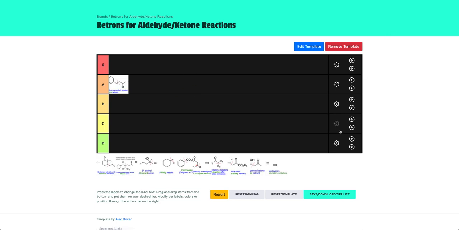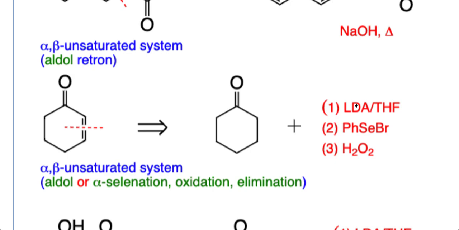Now, the second reaction is a terrible picture right here, so I'll show it here. But this is an alpha acylation, oxidation, or elimination, where essentially you take a molecule like this, convert it to an enolate and then react it with phenylselenium bromide, I believe, and it creates a double bond through a mechanism that I would love to show, but I could not find it on the internet, and my lecturer removed all of the lectures from me being able to access them for whatever reason.